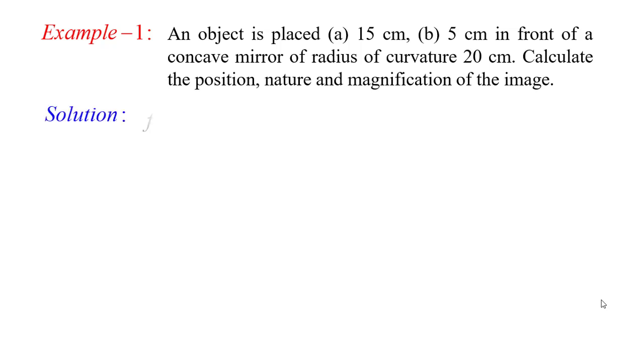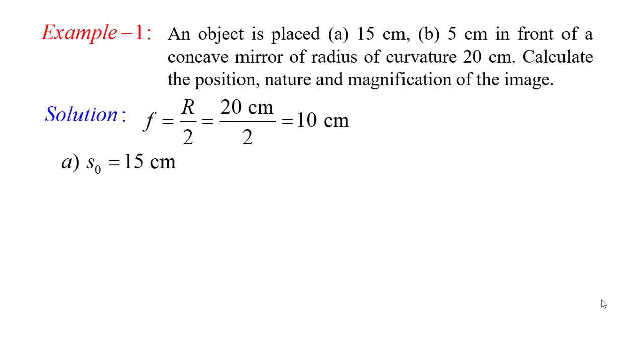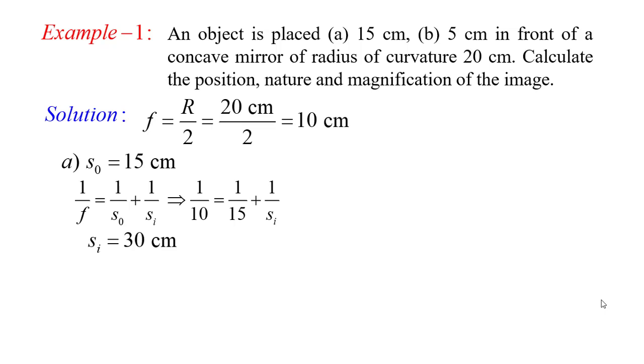The solution is, because focal length is always the radius of curvature divided by 2, which is 20 centimeters divided by 2, which is 10 centimeters. So from A, the object distance is 15 centimeters. So by directly plugging into the equation 1 over F is 1 over S naught plus 1 over Si, we can calculate Si to be 30 centimeters.